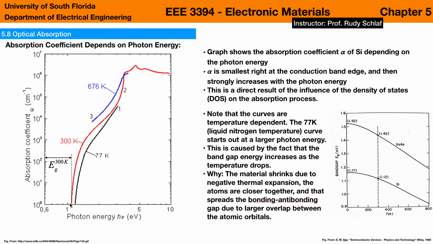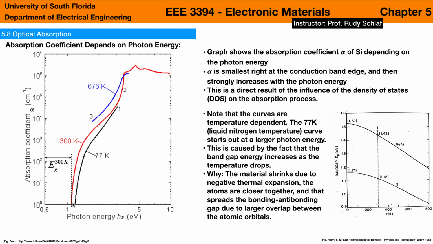And the further we go away from the band edge, the higher the absorption coefficient becomes. And this is a direct demonstration of what I said earlier, that transitions between the band centers are more likely than transitions right at the band edge, and so this is why the absorption coefficient goes up dramatically as we go away from the band edge.